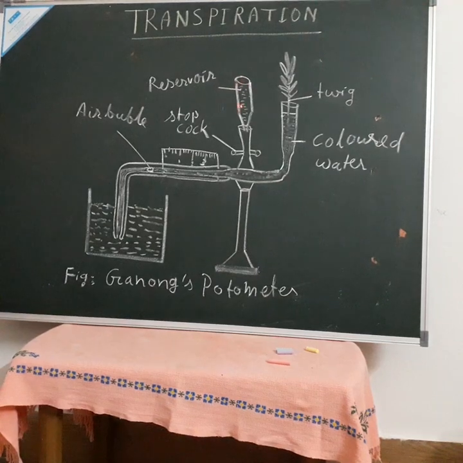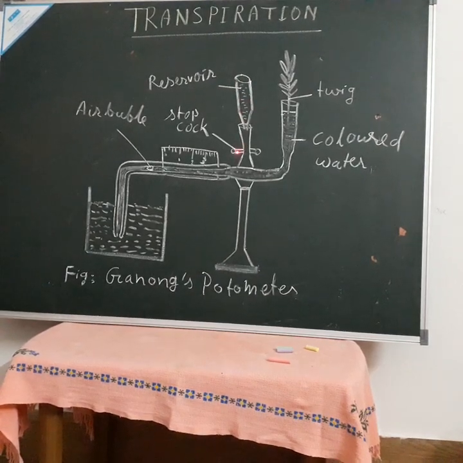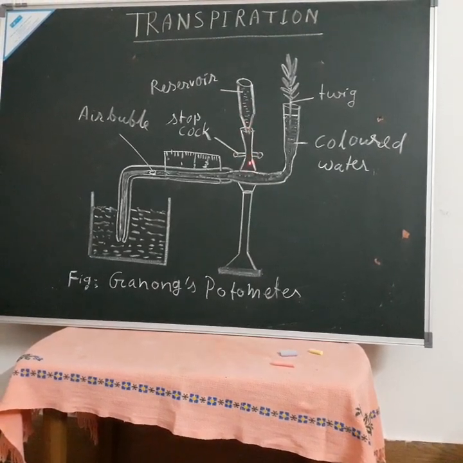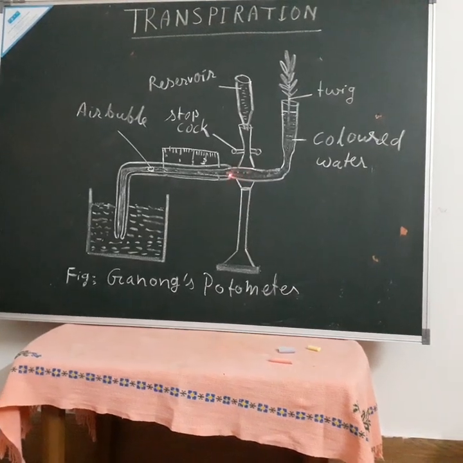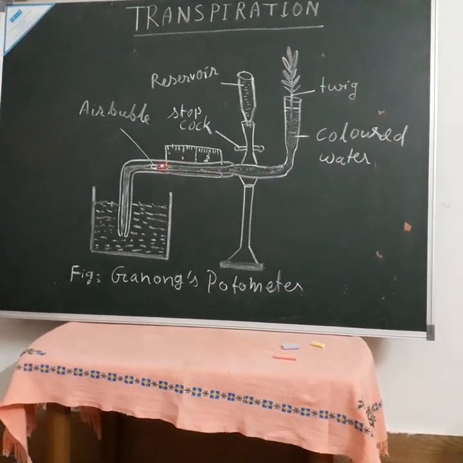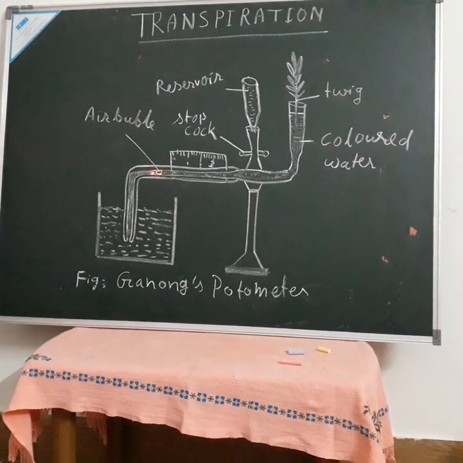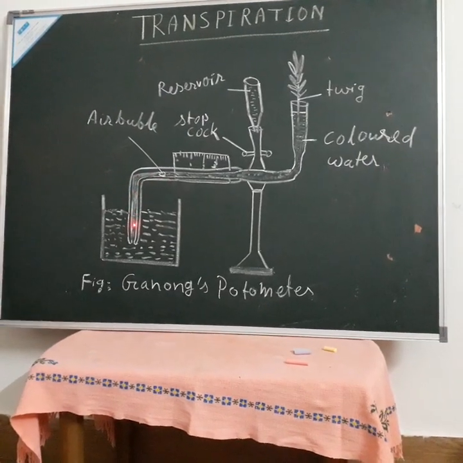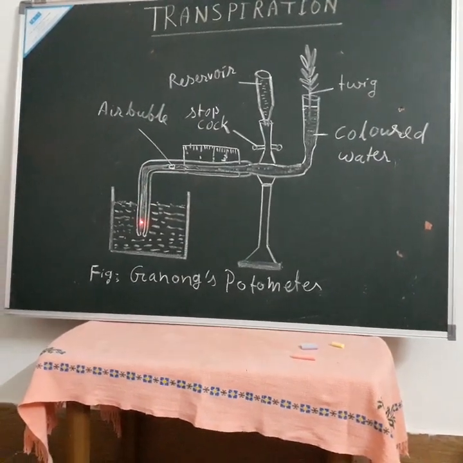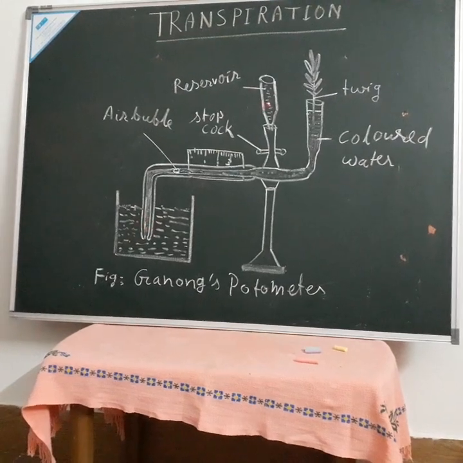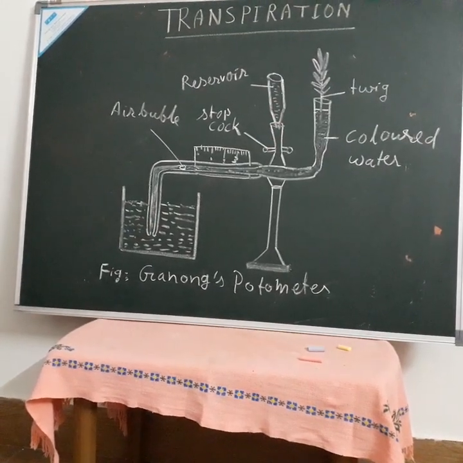Here, this is the reservoir. When we open this, the water comes down in this apparatus. If we need to bring back this air bubble to the original place, it can be done by opening the reservoir.